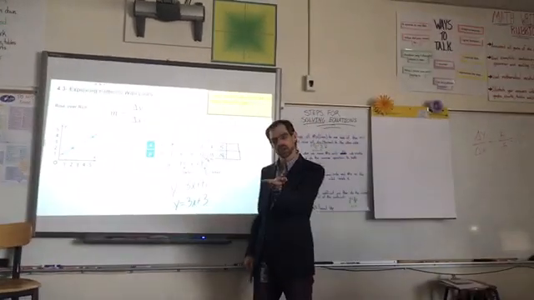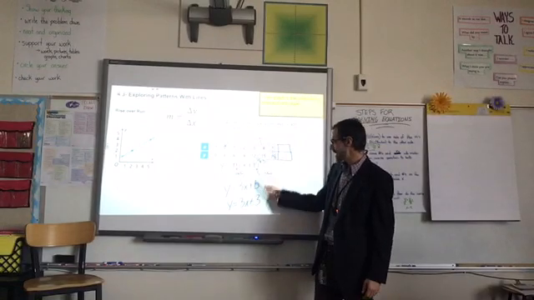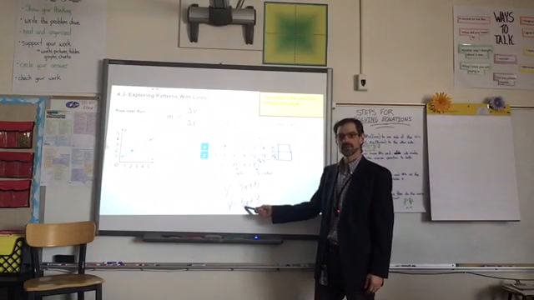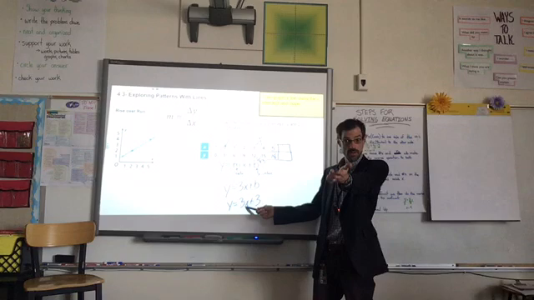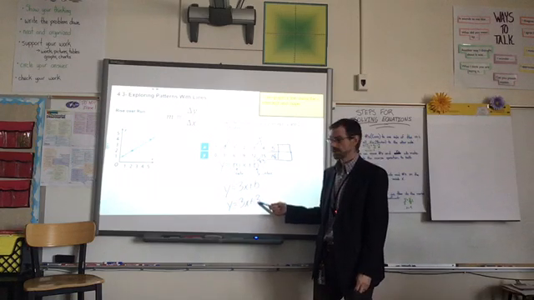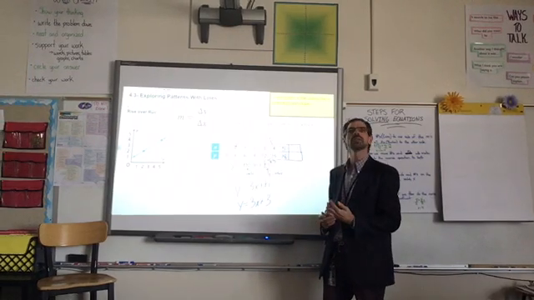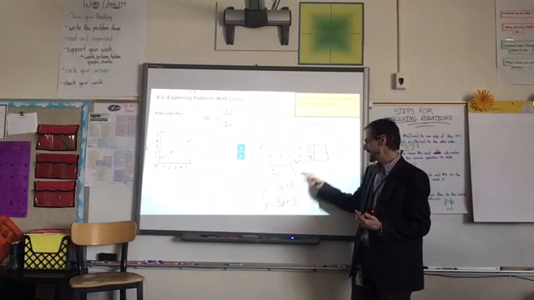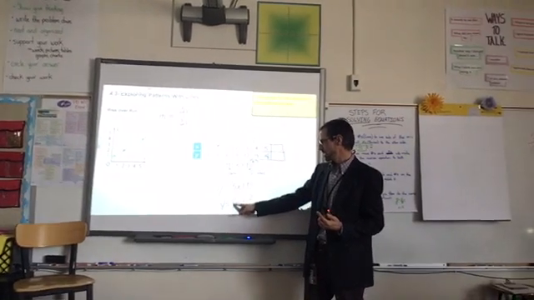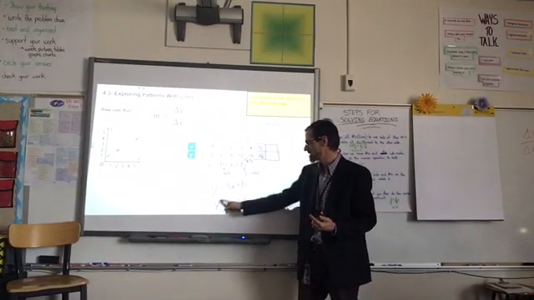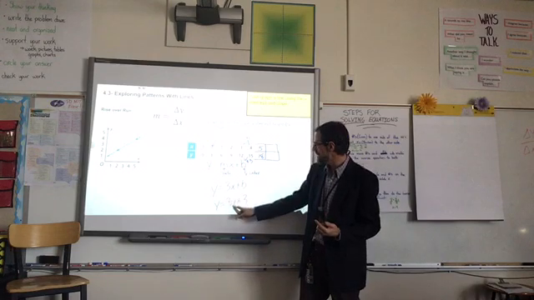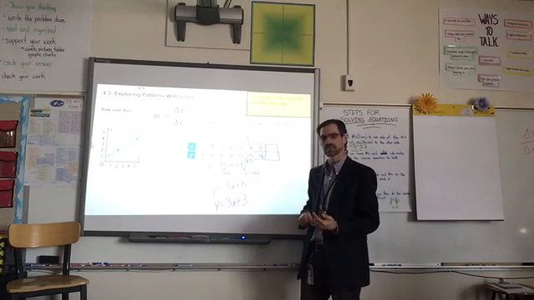This is what he did: Max put 5 in for x. 5 times 3 is 15, 15 plus 3 is 18. So when x is 5, y is 18.